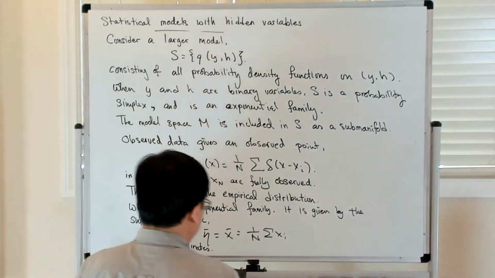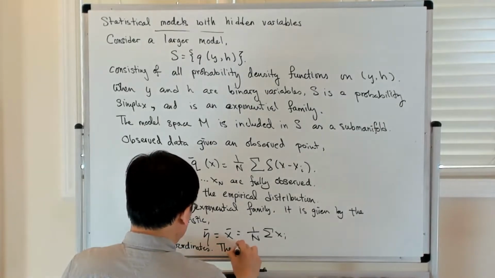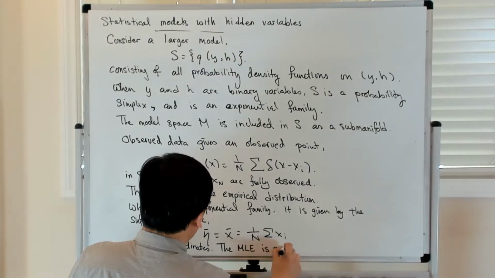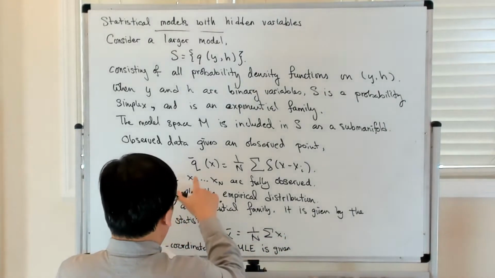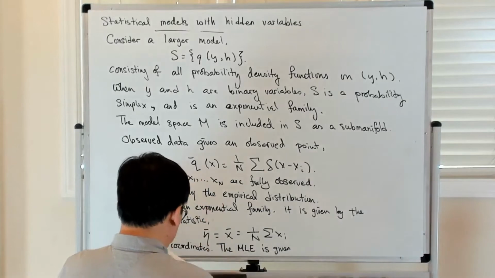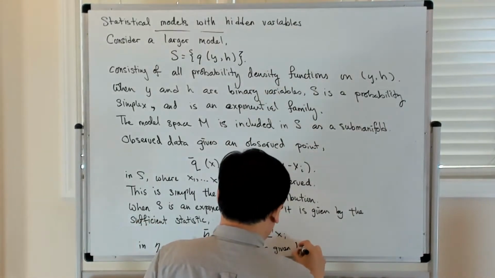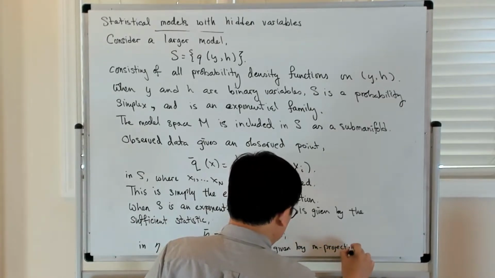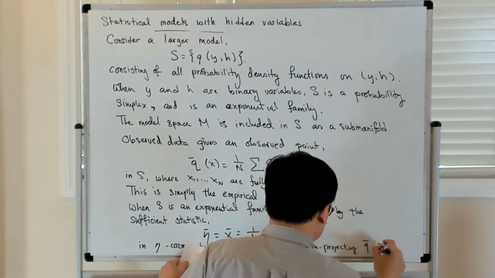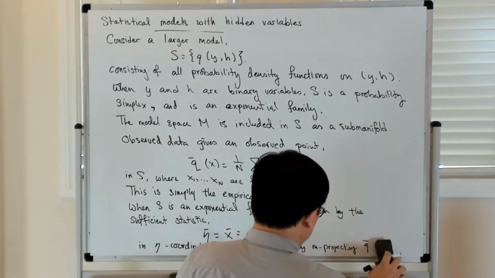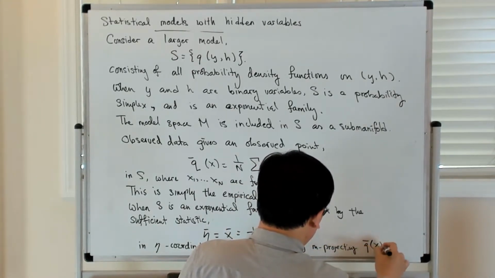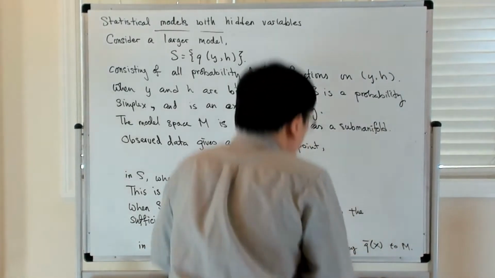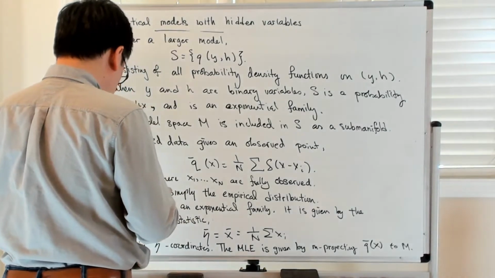And then the maximum likelihood estimator is given by m projecting this empirical distribution to M. Okay, all right.